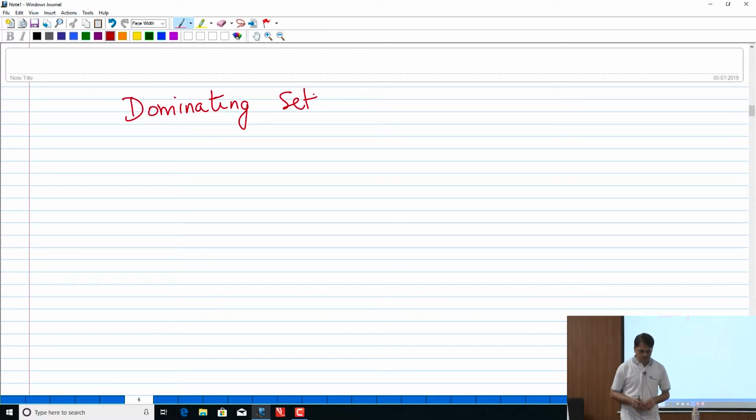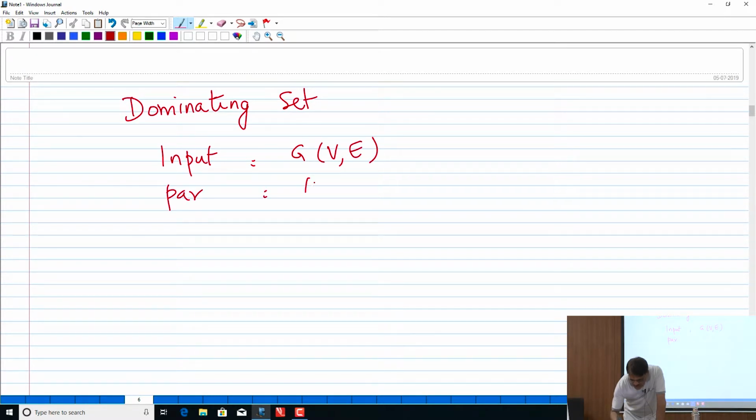Not at all? Okay. So, here your input is a graph G, the parameter is k, and what is the dominating set? An S contained in V is a dominating set.